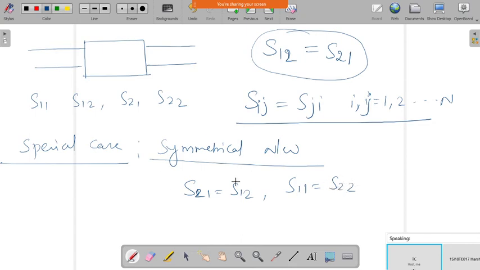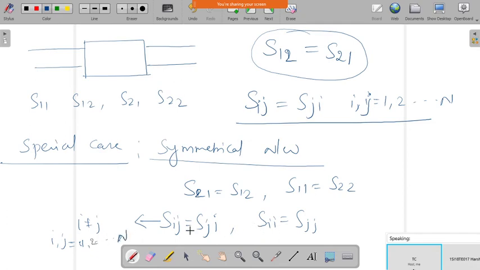So for the symmetrical network in general, S_ij is equal to S_ji, and also S_ii is equal to S_jj, where i is not equal to j, but i, j vary from 1 to n.